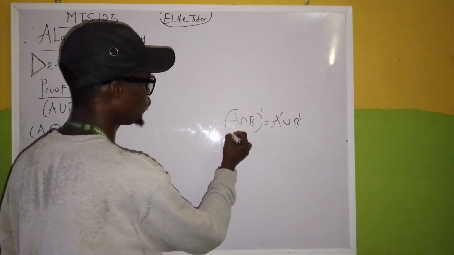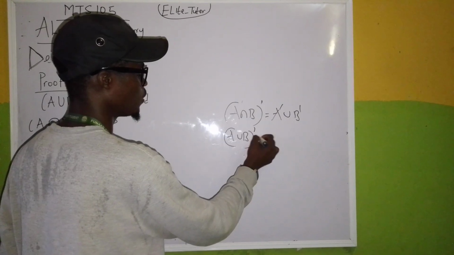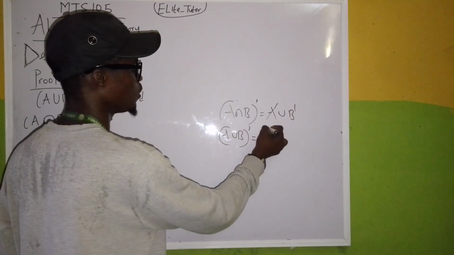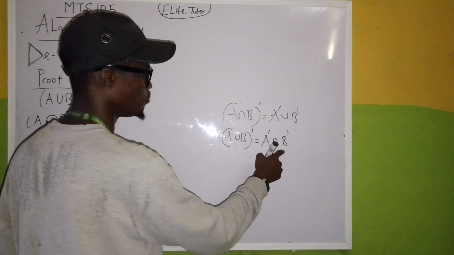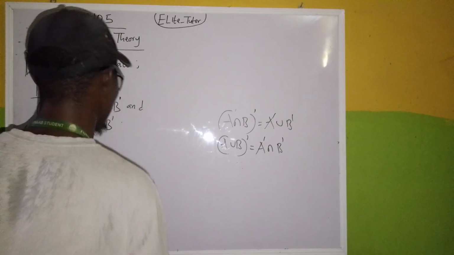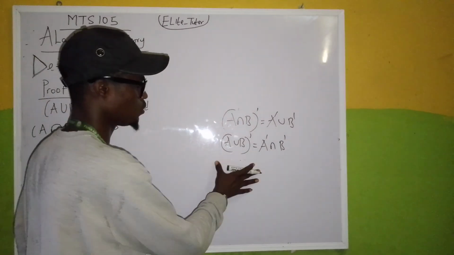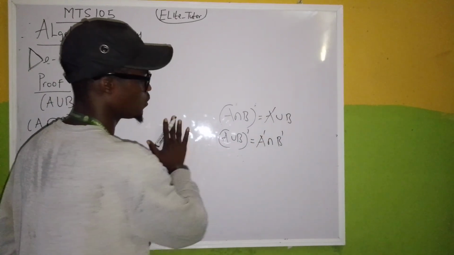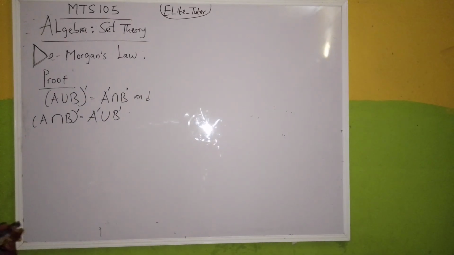The same thing if you are having A union B all carrying prime, the complement of A union B, the expression for this is going to be the complement of A intersection the complement of B. That's one thing you have to understand. This is something you really need to get right. So today we are going to be proving De Morgan's law.